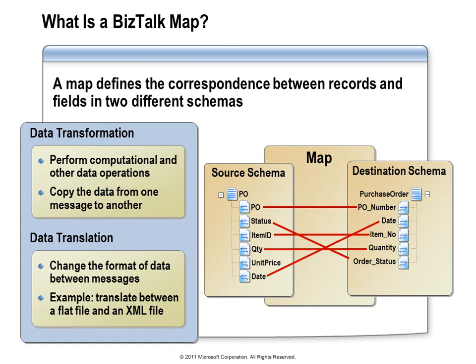Now, what exactly is a map? I mentioned earlier that a map is ultimately an XSL transformation. You're going to be using the BizTalk Mapper tool to create links between fields, such as you see in this slide. But the needs for any given application could very well be more complex.